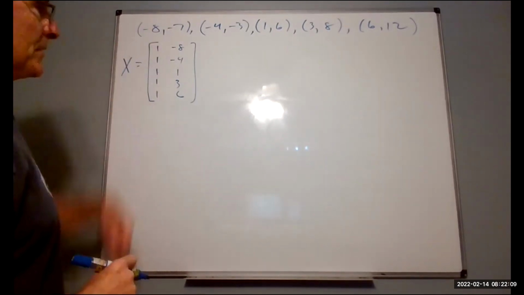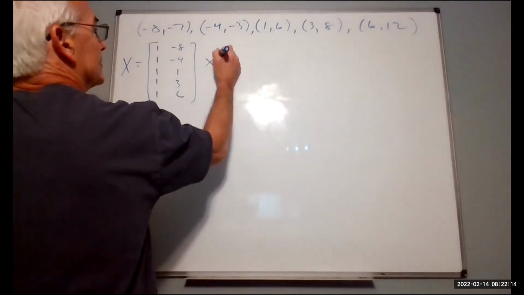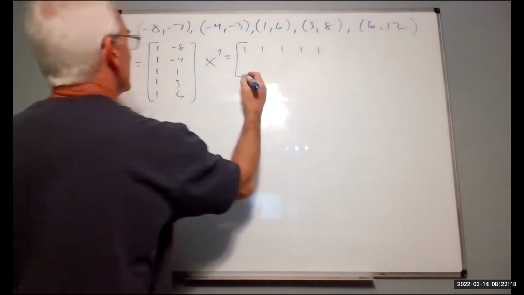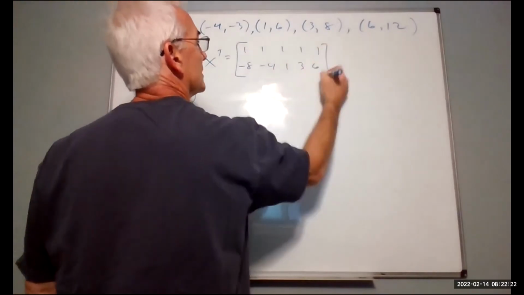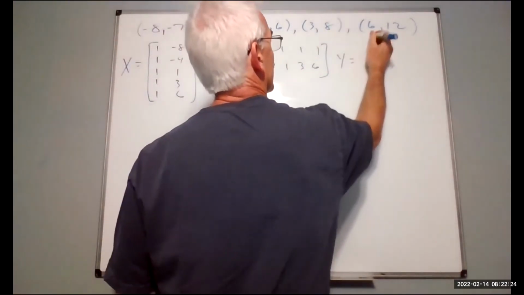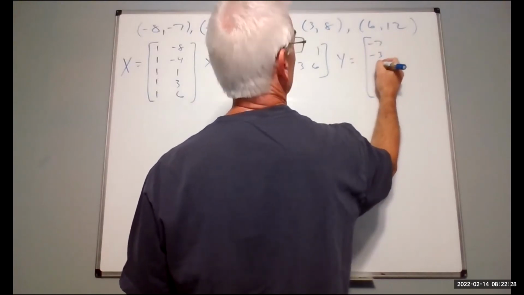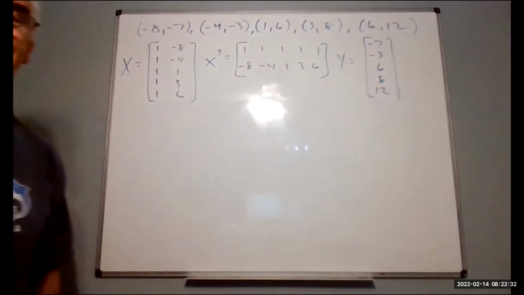All ones and then those guys there, okay? X transpose, therefore, 1, 1, 1, 1, 1, -8, -4, 1, 3, 6. And finally, the Y matrix would be -7, -3, 6, 8, 12. Okay, got to get that right.